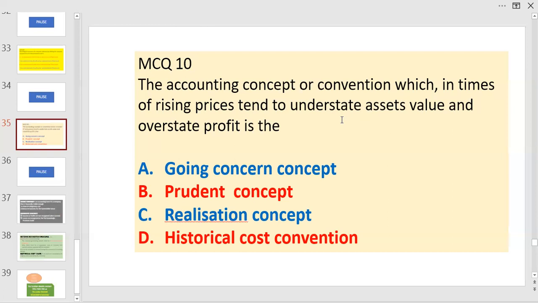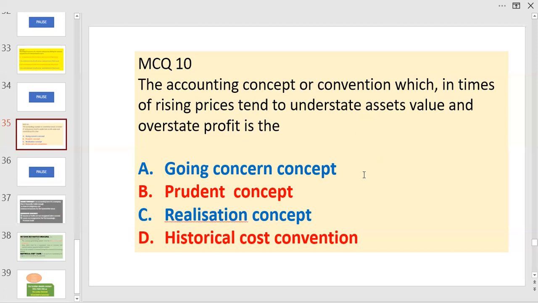When you sell the same 1,000, you will see a much increased sales value and much increased gross profit. But it does not really mean you have sold more or you have sold better. It is only because of that rising price factor, right? Rising prices, this appears to be this.